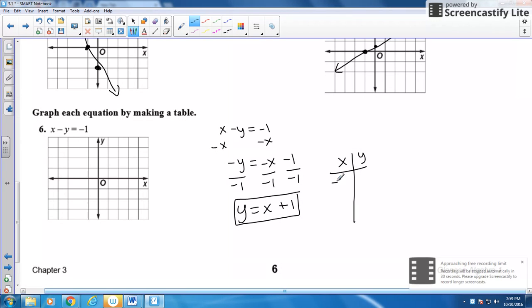Pick any numbers you want. So if I put -2 in, I'll get -1. -1 gives me 0. 0 gives me 1. 1 gives me 2. And 2 gives me 3. And then you can plot those points and make sure you have it graphed correctly. But it should look something like this, give or take.